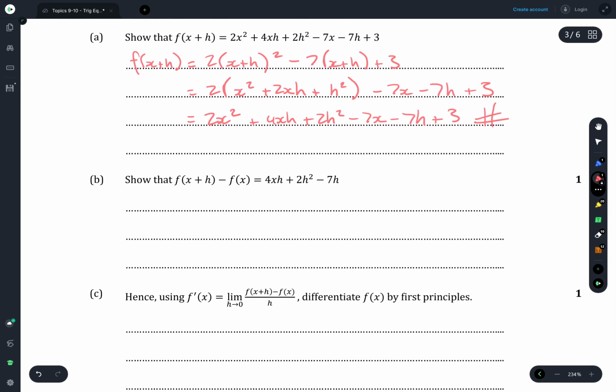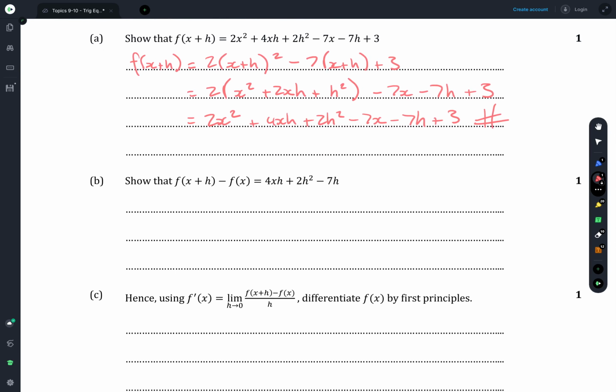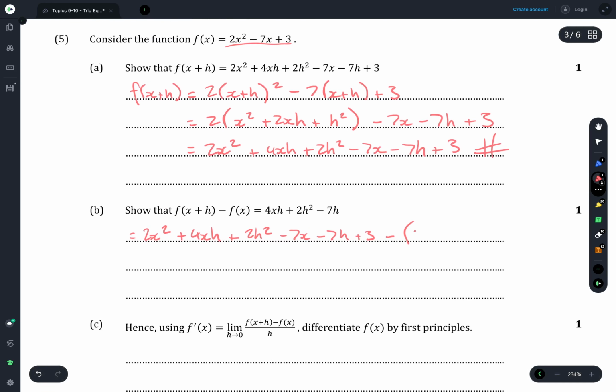So now we need to show that the thing that we just found minus the original function equals this. So we can say that this is going to equal 2x squared plus 4xh plus 2h squared minus 7x minus 7h plus 3 minus, and then this is really important that when we're doing the minus f(x), we use brackets because, well, you'll see why in a second.